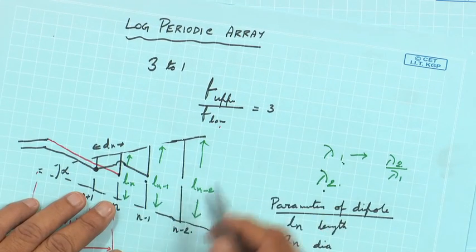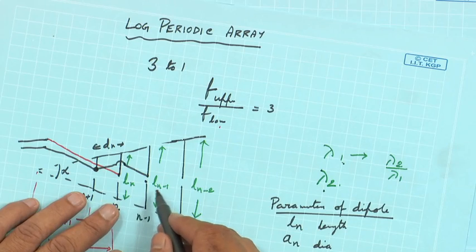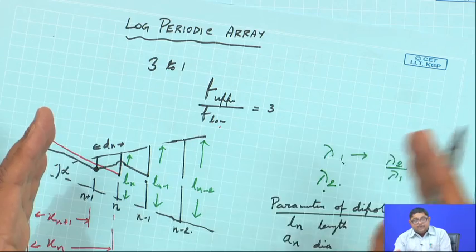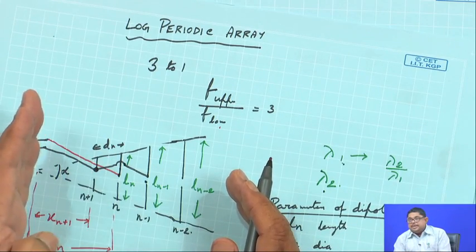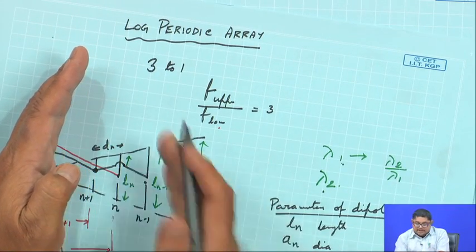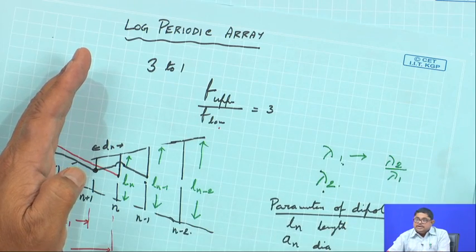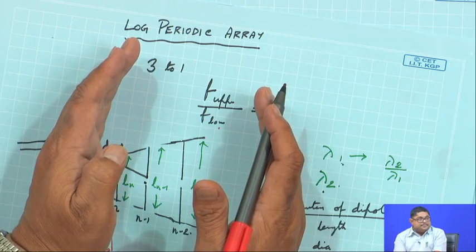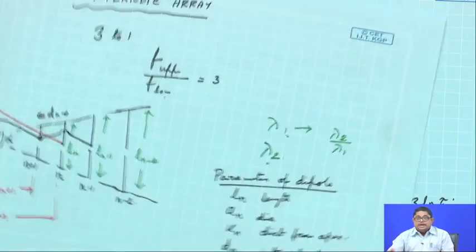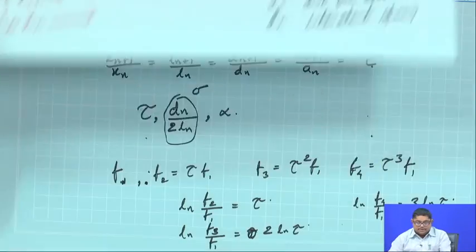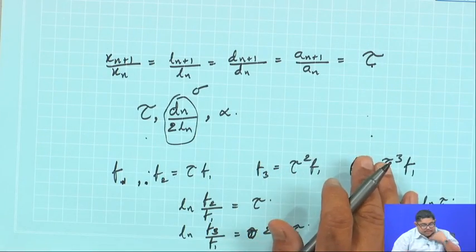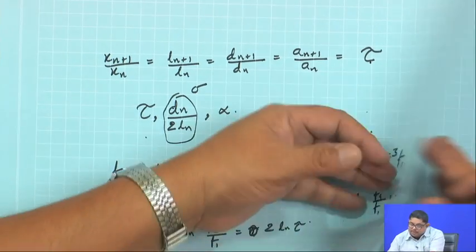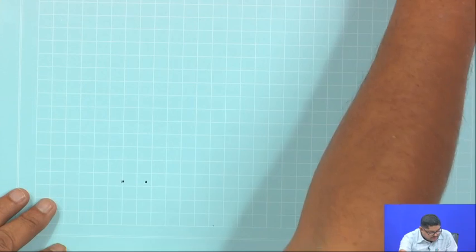Suppose I want some frequency, so I take a few smaller elements for higher frequency, then I truncate it, and on this side for lower frequency, a few extra ones and truncate it. So, this is a finite structure. It does not matter, because the others are not resonating. That is why you can have a frequency band over which the antenna is resonating.